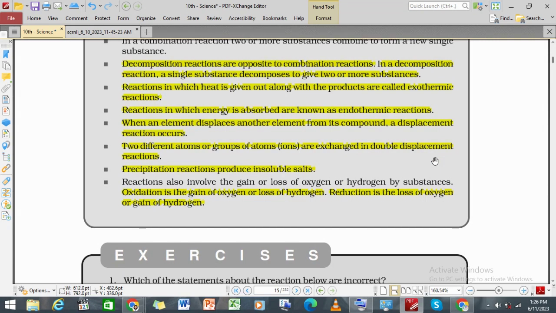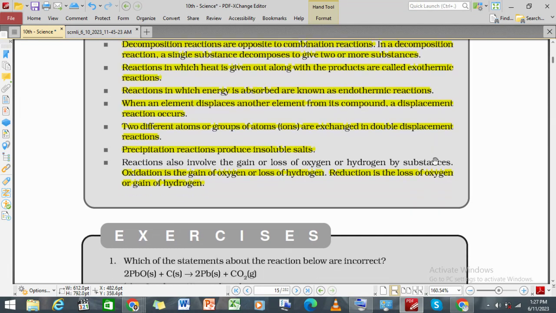The reaction in which heat is given out along with the product is known as an exothermic reaction, and the reaction in which energy is absorbed is known as an endothermic reaction. That means energy absorbed is endothermic, and energy given out is exothermic.